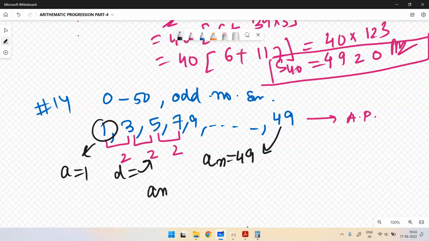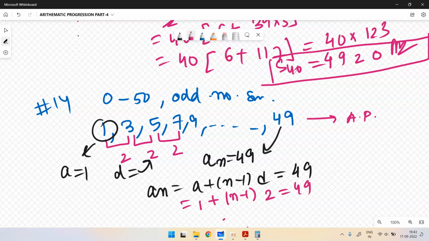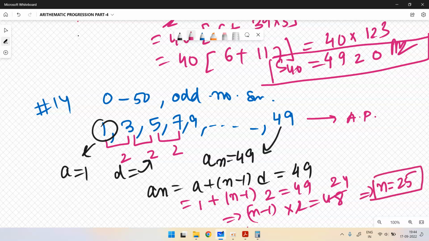So a of n is a plus n minus 1 into d, which is 49. Substituting, 1 plus n minus 1 into 2 equals 49, which implies n minus 1 into 2 is 48, so n minus 1 is 24, and the value of n is 25. So there are 25 terms, and finding the sum will be easy.